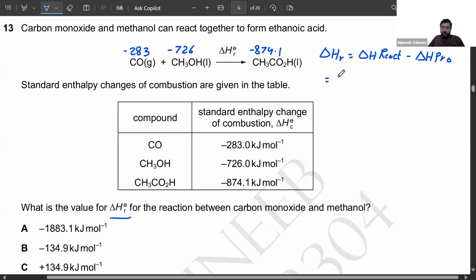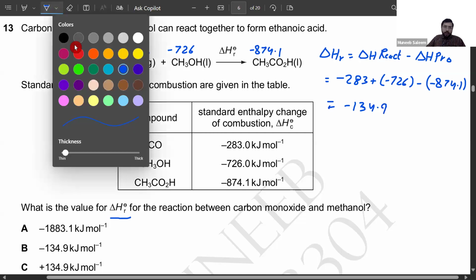So I put the values here. Reactant is minus 283 plus the other reactant, minus 726, and then minus the product, minus 874.1. So when you do the calculation, the answer will come out to be minus 134.9. So that's your correct answer.